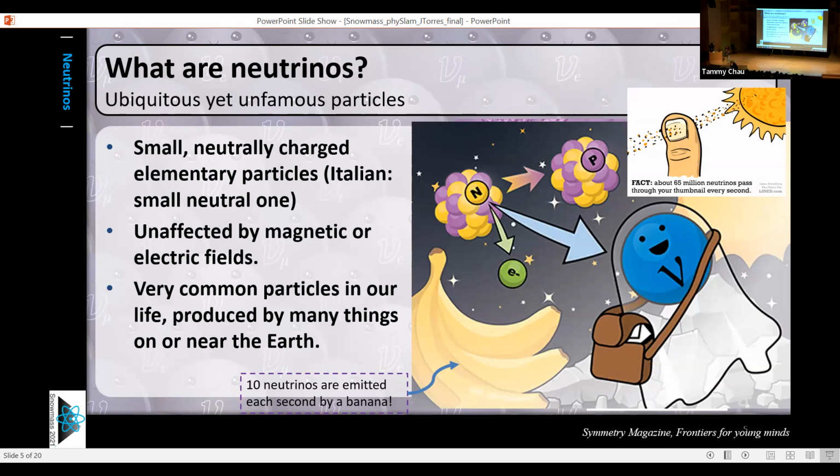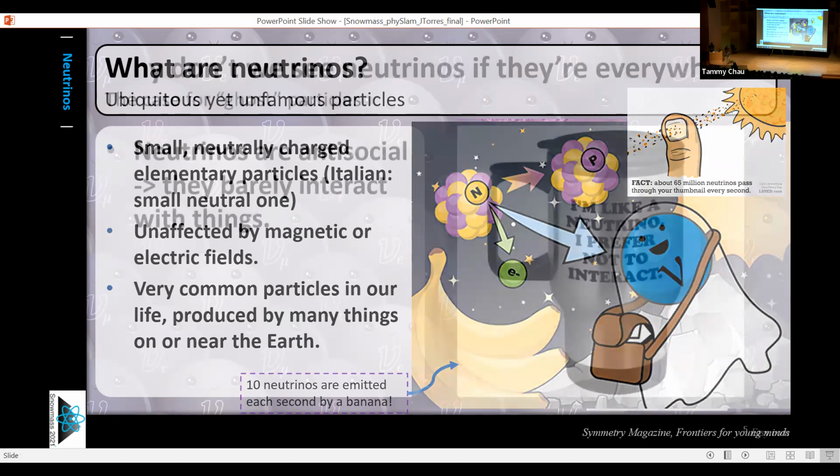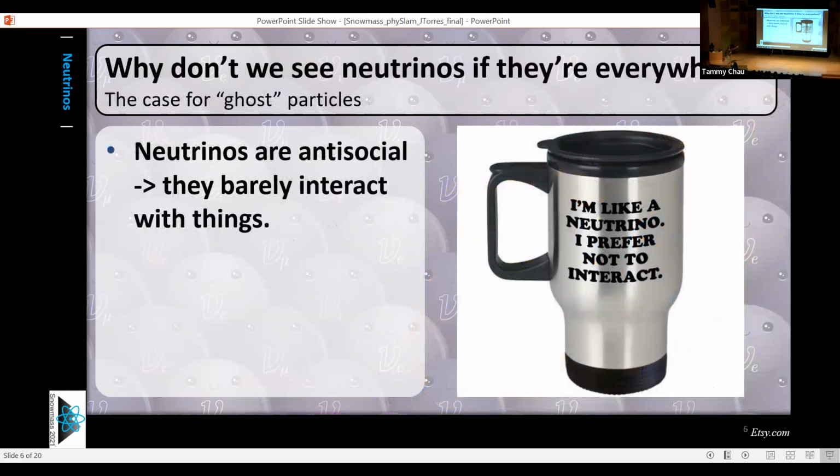And then you might be wondering, why aren't they famous? They are everywhere. We have an abundant number of them, but we don't see them. Why is that? Well, the reason is that neutrinos are antisocial, which if you translate it to particle physics means that they barely interact.